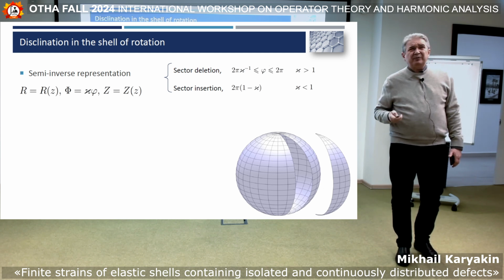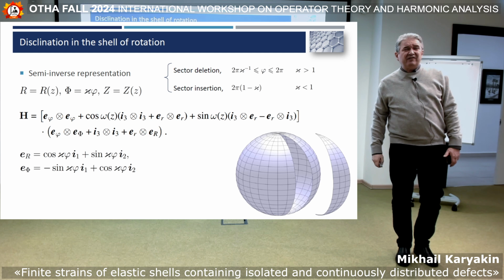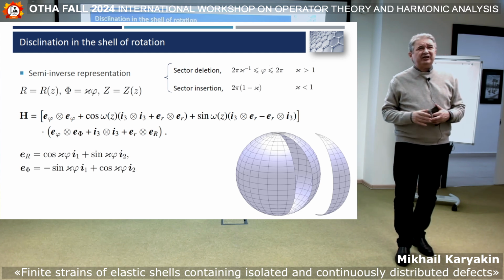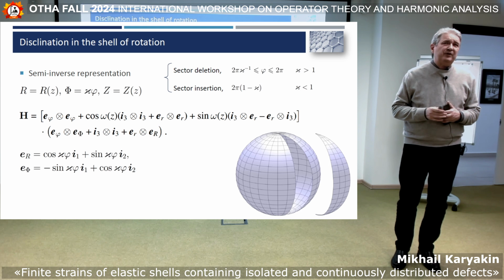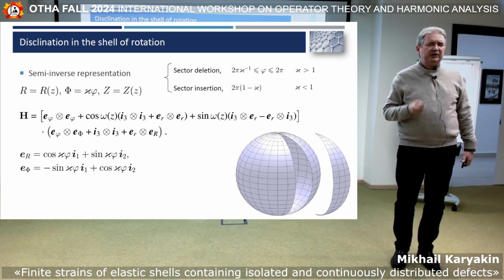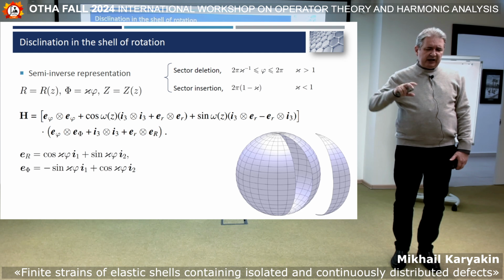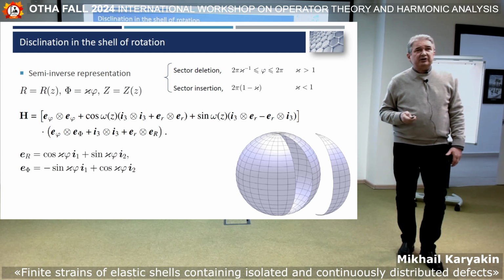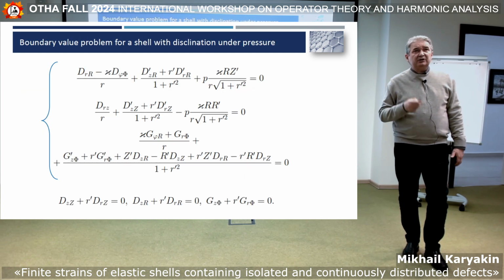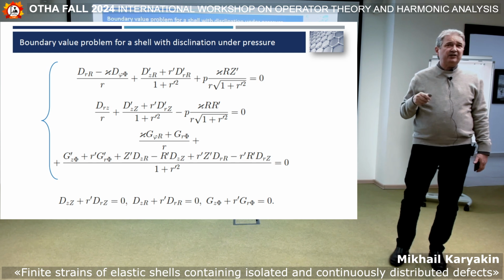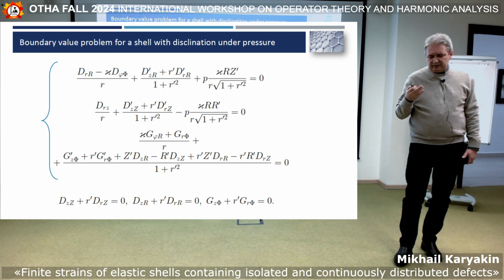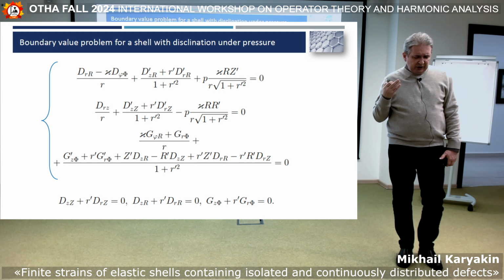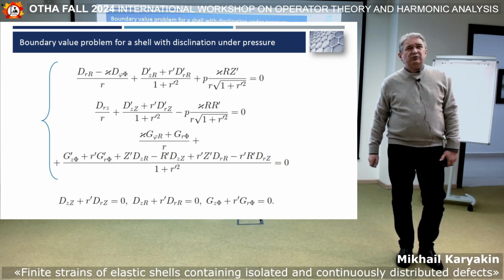Another assumption should be made about the H tensor, and in this case we assume that this H tensor consists of two orthogonal transformations. First, some rotation omega of z, an unknown function, some rotation of a particle, and then some orthogonal transformation. After some calculations, in this case, unfortunately, we can't get an analytical solution that reduces to an algebraic equation, but fortunately not a PDE, but a system of ordinary differential equations.